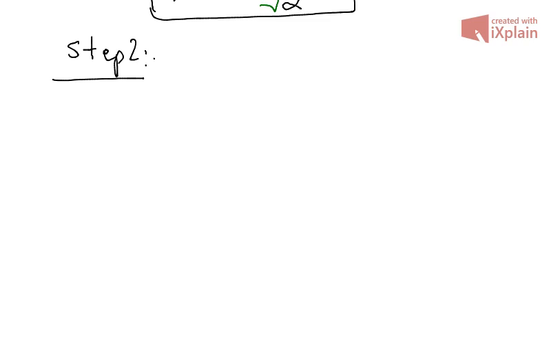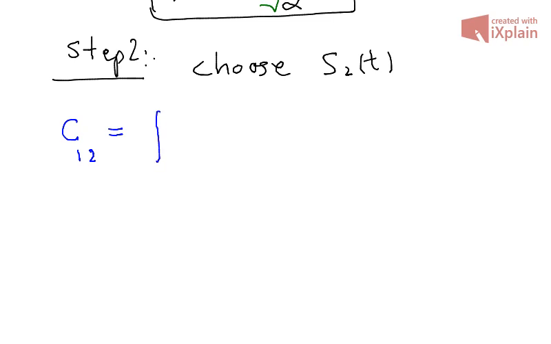We take S2 of t, right, and we try to find out the image of S2 of t over the first basis function, over the first orthonormal signal.